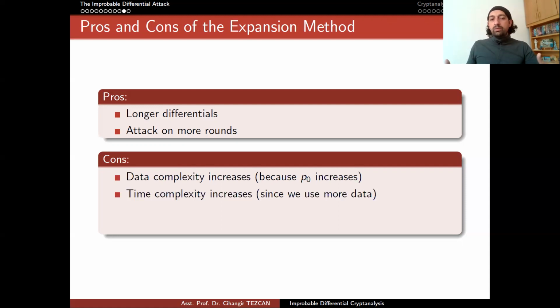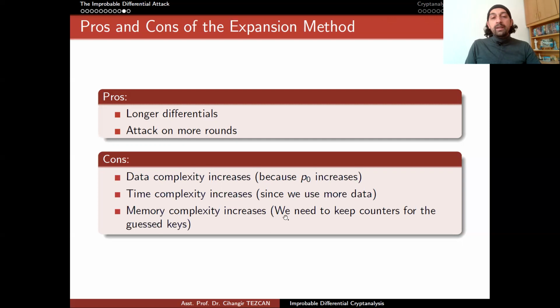But once the data complexity increases, time complexity also increases, because you perform these encryption and decryption operations on all of the data you have. So this will increase your time complexity, because you will perform more operations. But also memory complexity increases. Because recall that in the impossible differential cryptanalysis, when you are trying to capture the key, for a guess key, if you observe the impossible differential, this means that that key cannot be the correct one.